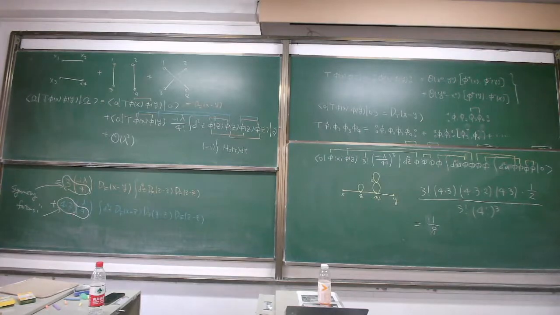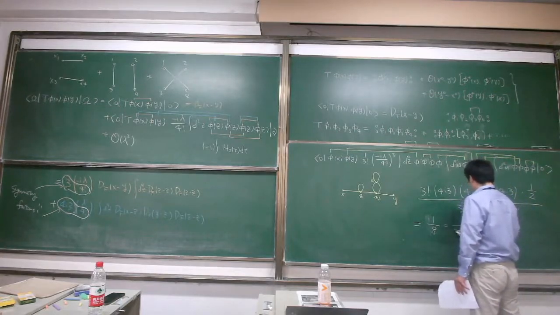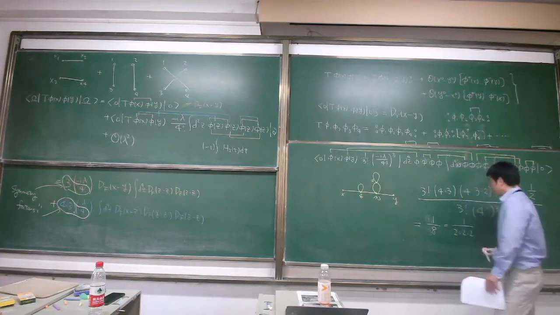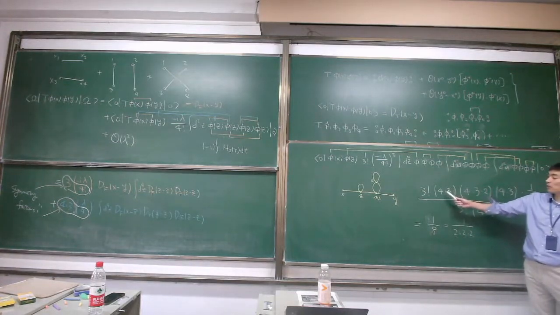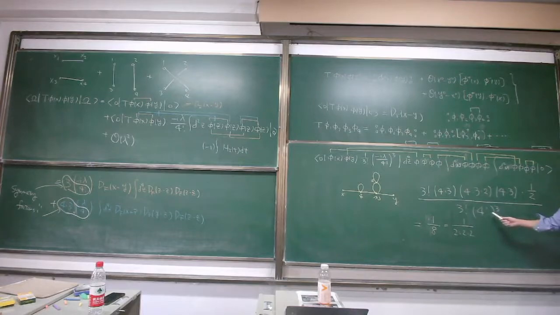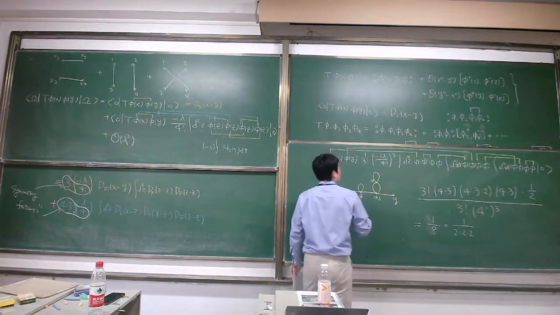So first of all, this can be understood as 1 over 2.2.2. And the first 2 really comes from 4 times 3 divided by 4 factorial. So that is really coming from this factor.